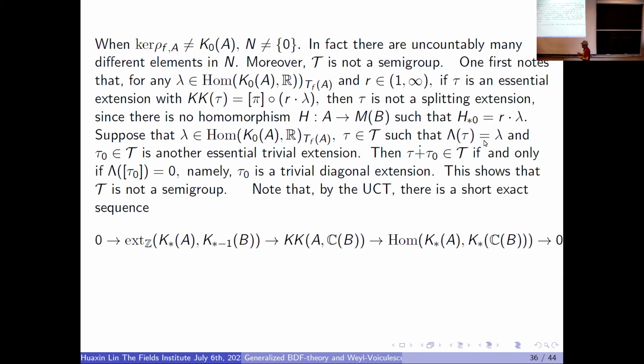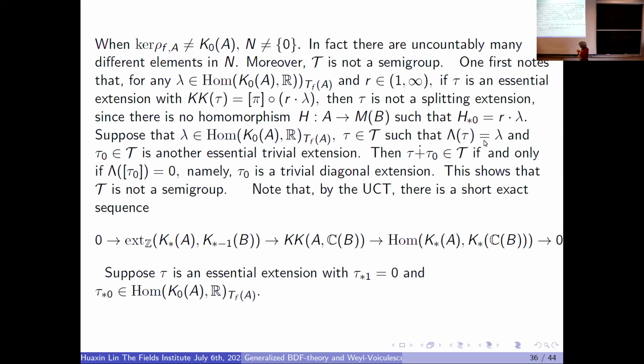You have a short exact sequence. So therefore, are you saying the sum of two trivial extensions is not trivial anymore? That's right. In what sense? It depends how you view the sum. So the sum is you add too big, and unless you stabilize it, you cannot get a trivial extension.